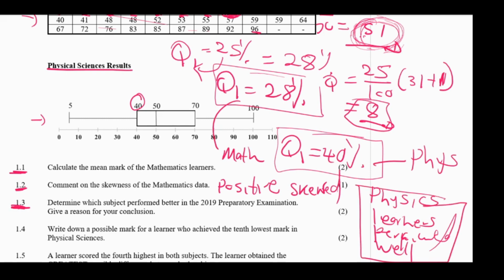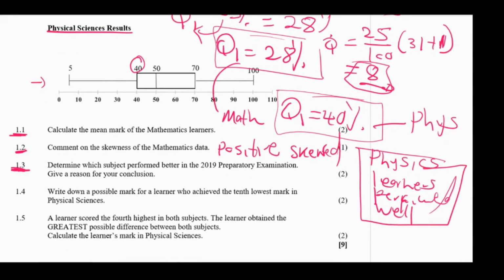Now, 1.4 says write down a possible mark for a learner who achieved the 10th lowest mark in physics. So let me erase everything here.